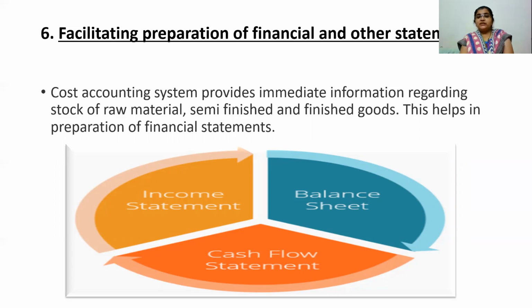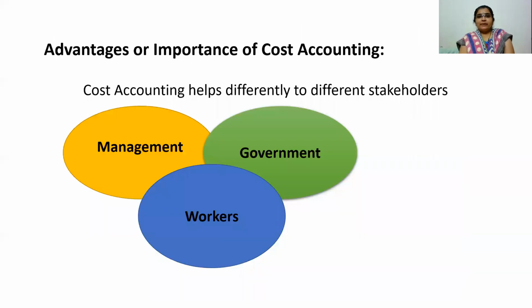On the basis of that only, we prepare the balance sheet of a company. The cost accounting system provides immediate information regarding stock of raw materials, semi-finished goods and finished goods. This helps in the preparation of financial statements of a company like income statements, cash flow statements, and the balance sheet of a company.